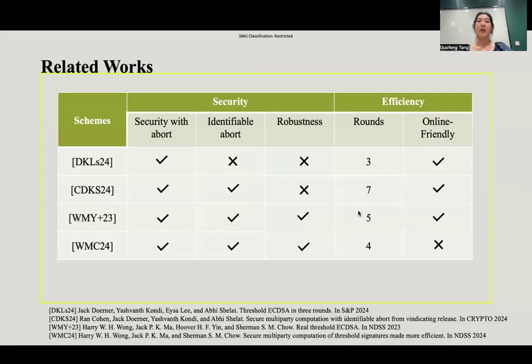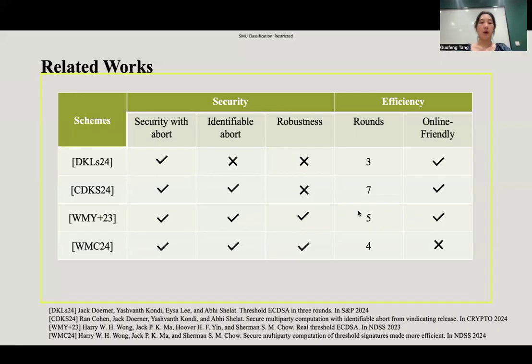We use recent constructions to exemplify the state of the art of this field. DKLS24 is round minimal. It's 3 rounds and online friendly. But it can only achieve security with abort, not identifiable abort, not robust.